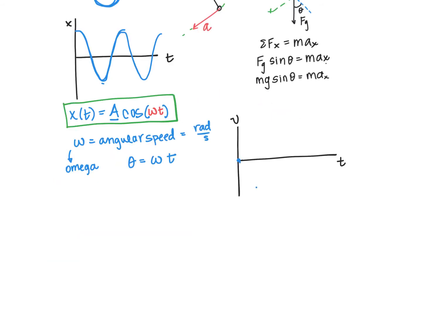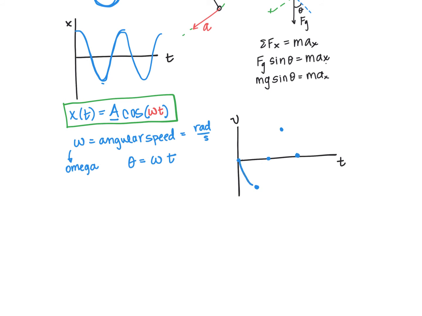It speeds up, moving to the left. It slows back down when it gets back up to the highest point on the other side. Then it speeds back up as it returns to its original position, and then it slows down as it reaches that start position.